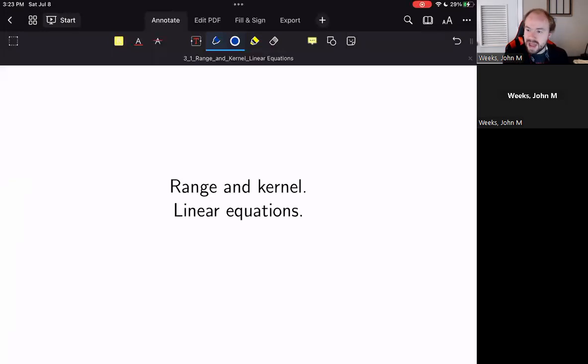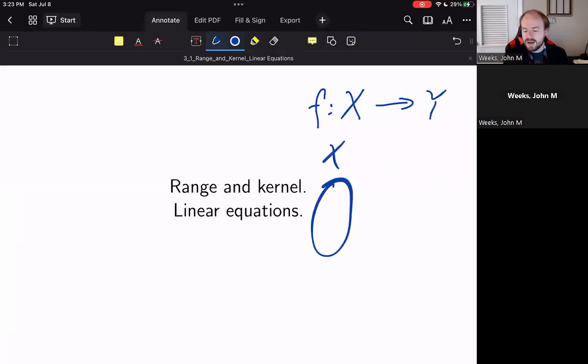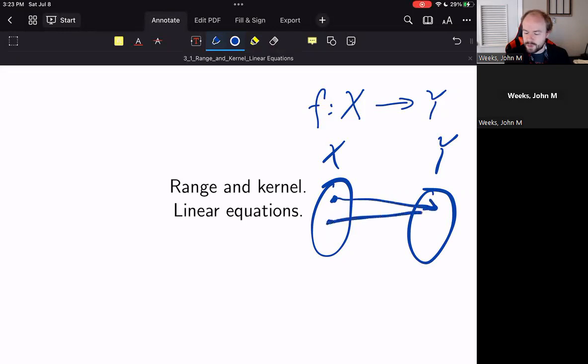Remember, for example, if you have a function going from set X to Y, the way you might try and graph this is you might say, okay, here is our pictorial visualization of what X might look like, and here's what Y might look like. And f is going to be signified by the mappings from points into specific spaces over here. Let's say that this is the point 0 inside of the codomain.